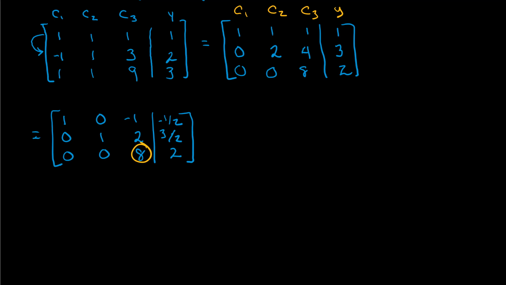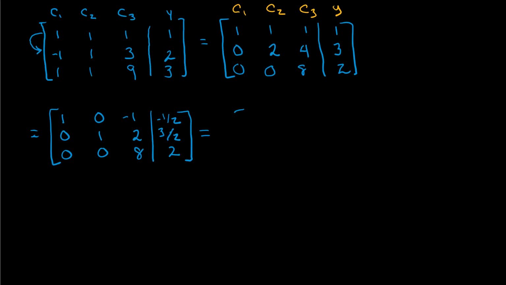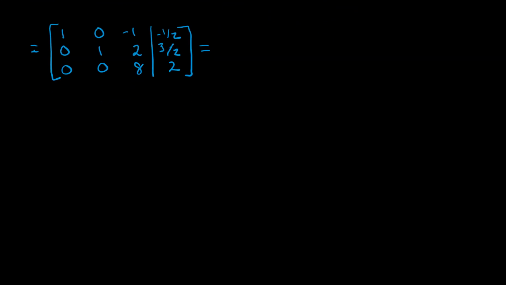Well, to get that to be a 1, what I need to do is to multiply that whole row by 1/8. Okay, so when I multiply the third row by 1/8, then we get 0, 0, 1, and then 2/8, which is 1/4.